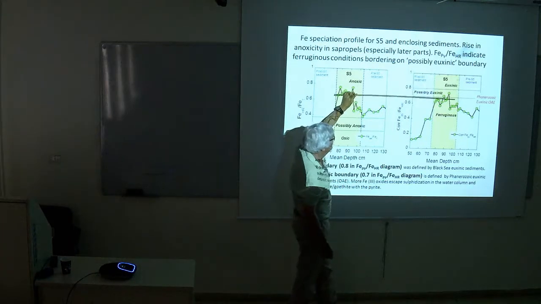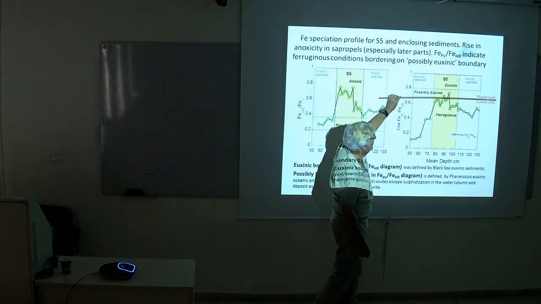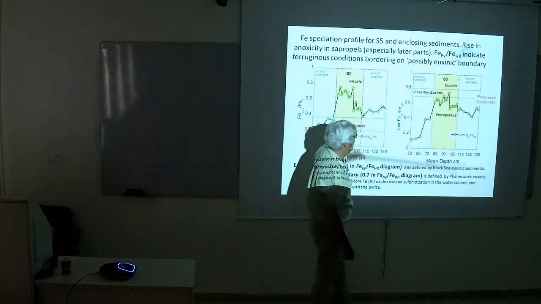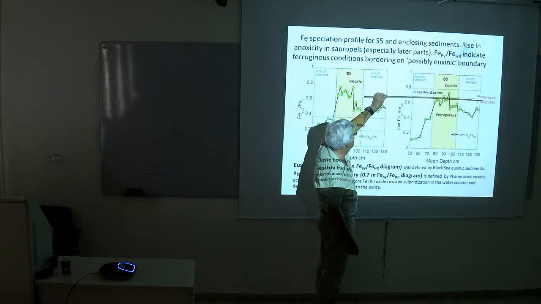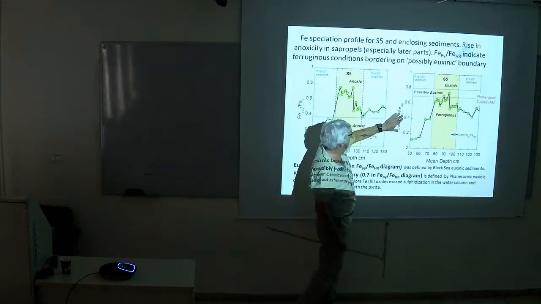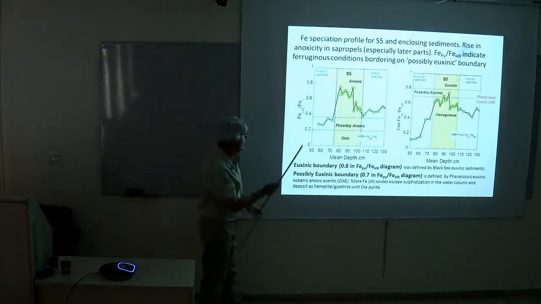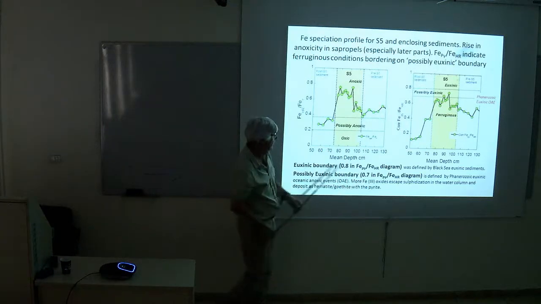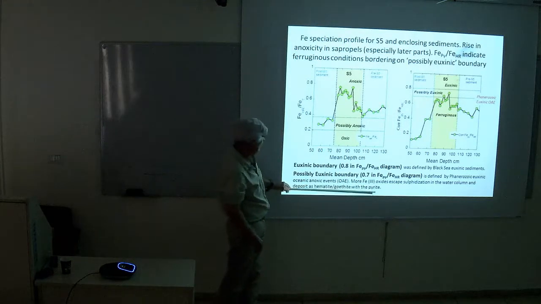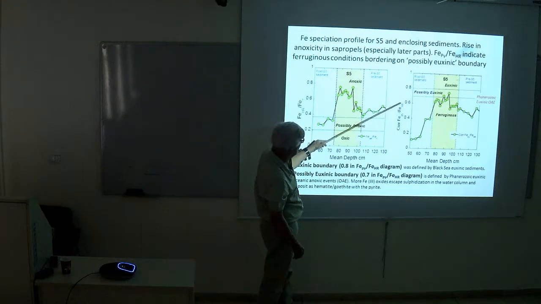So what Simon calls the possibly euxinic boundary is in fact the boundary that's defined by the Phanerozoic oceanic anoxic layers. And the reason why the boundary drops is simply that the pyrite to HR ratio drops, because in these particular sediments there's a lot more iron oxides that deposit with the pyrite, and since the iron oxides are part of the HR, this ratio becomes lower.